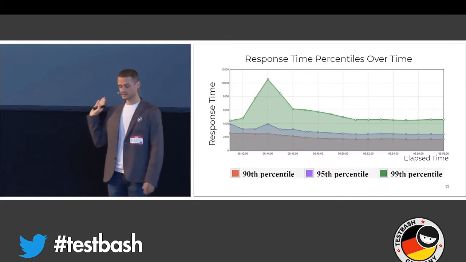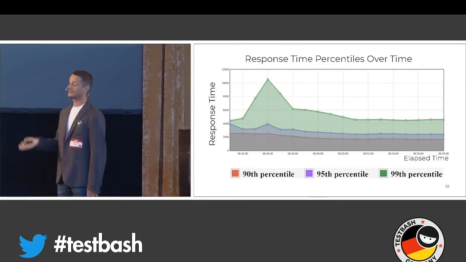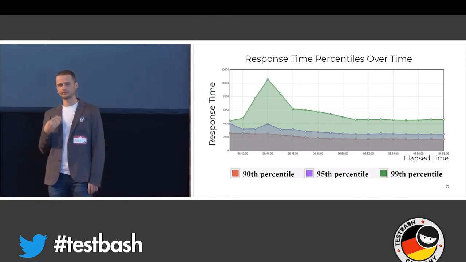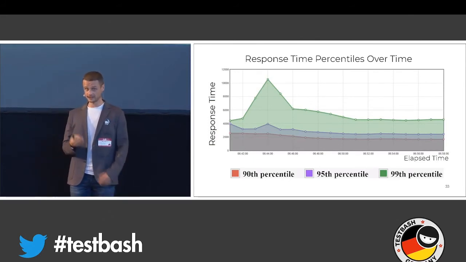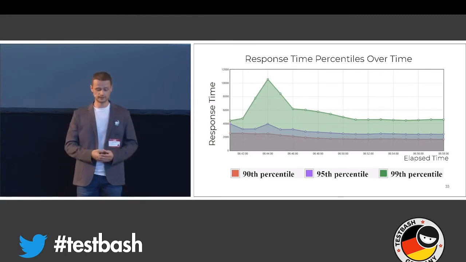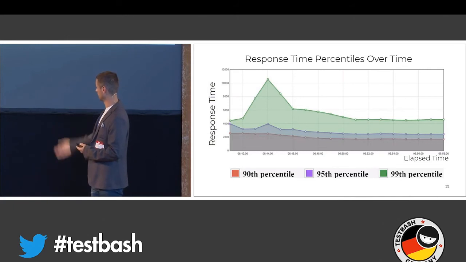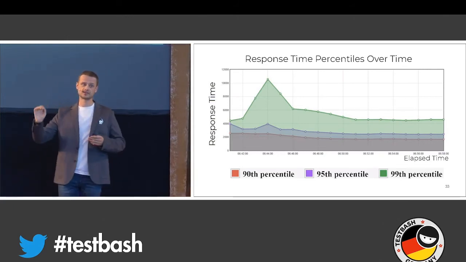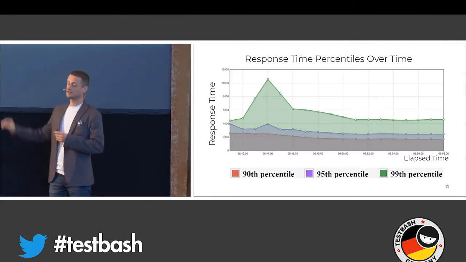For example, this one particularly shows response time percentiles over time. And from the beginning, you will need to spend some time to understand those statistical and mathematical aspects of those graphs and what they really mean. For example, percentiles, let's say 95th percentile, from a business point of view means that 95% of your users will experience that particular response time.